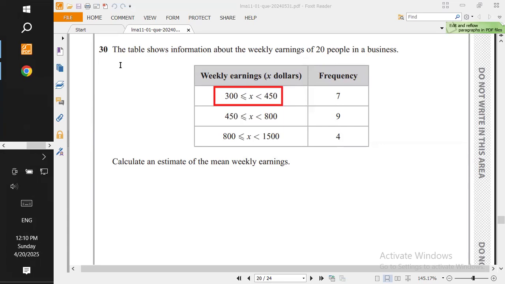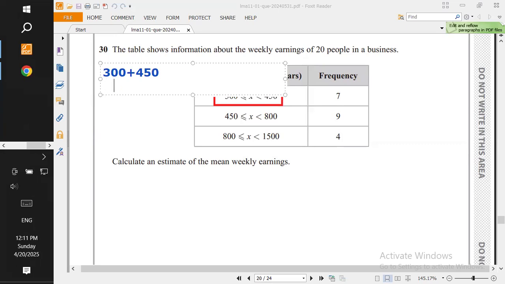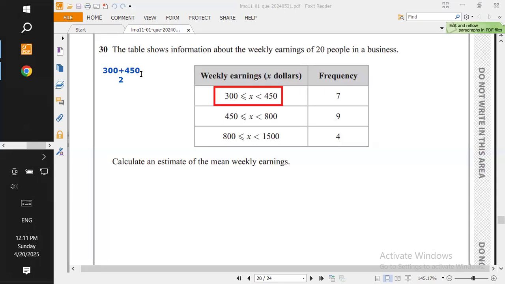So let's do this here. First, 300 plus 450 and then divide it by 2. Let's make it smaller so it can fit. So first step, as we said, we're going to find the midpoint for each one of them and then write it here. 300 plus 450 is 750.